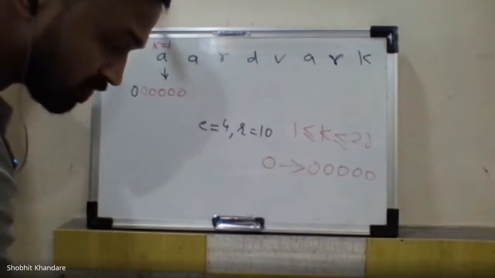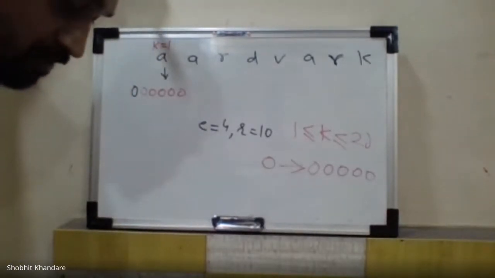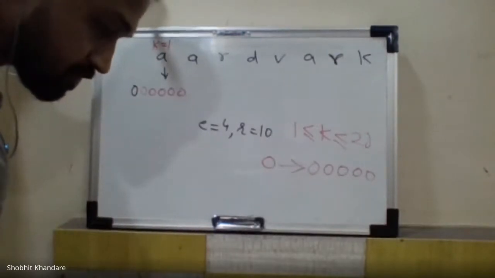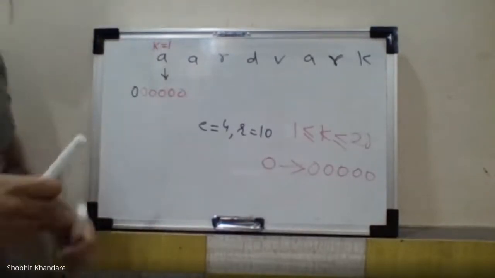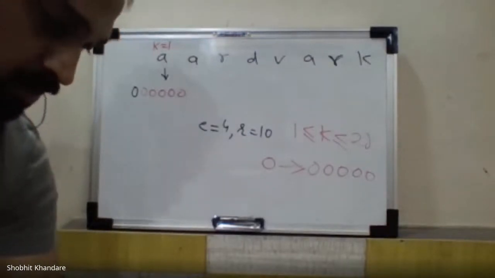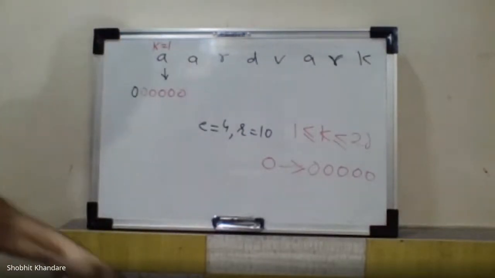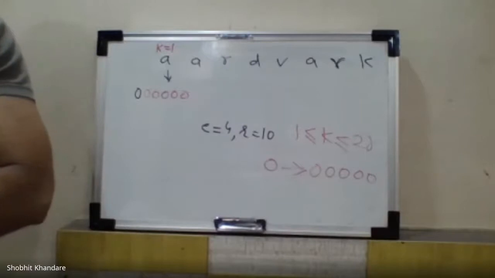Now you have to see the tree diagram. When you see the tree diagram, A has come. Can you get that code? That is A.